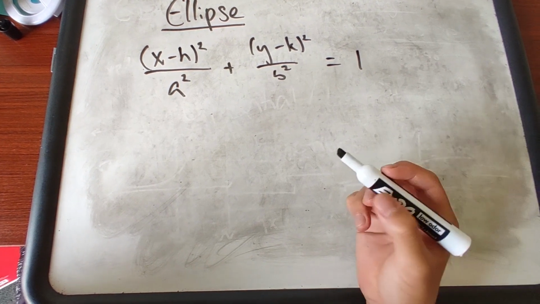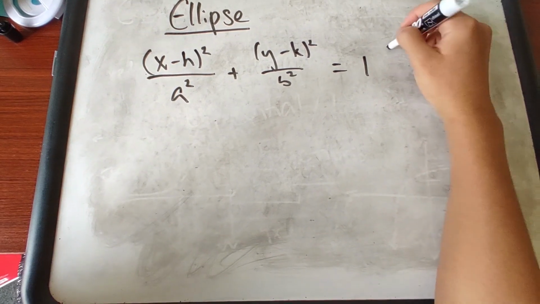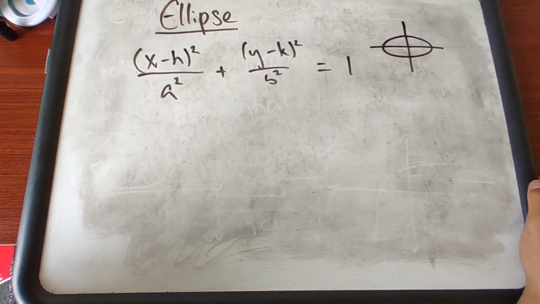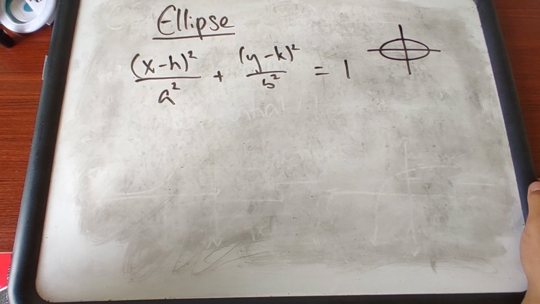So what this is, if you look at an ellipse, it's like a circle, but flatter or longer in one direction.